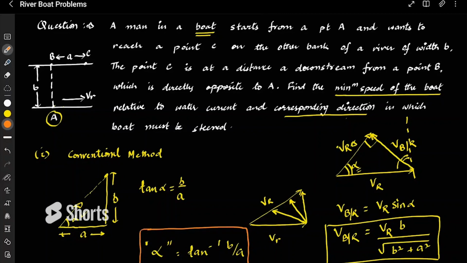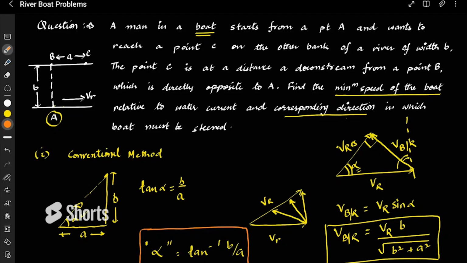And one question similar to this I have already solved in the level up series, which was for the conveyor belt, and you should look at both the questions, which have a very similar solution. So see students, it's very important for all of us to understand that there lies beauty in physics, because one concept which we have studied earlier can be applied in a lot of places wherever vectors are applied.